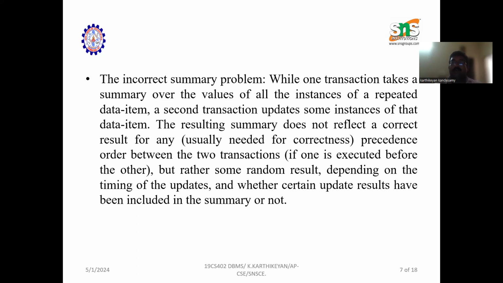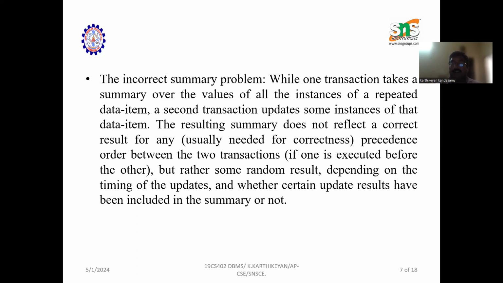For example, I insert an ATM card in a machine and complete the process. There is no problem, so my data can be updated in the same bank account. Suppose due to some failure, what happens? This is an incorrect summary problem.